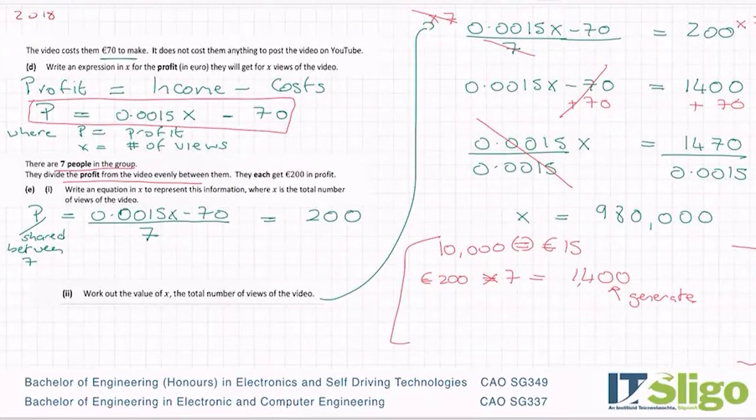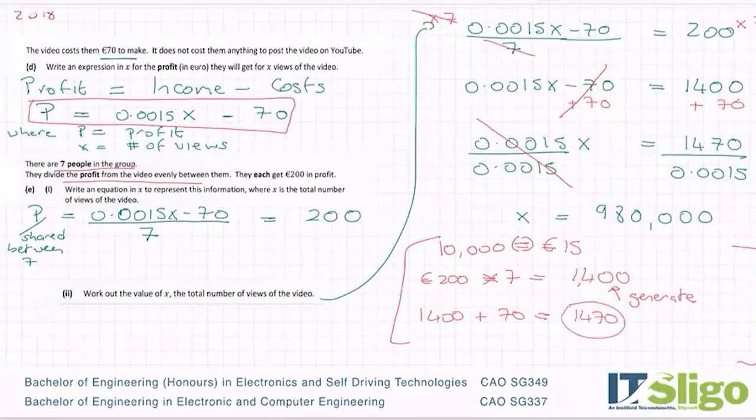What I would do then is take that 1,400 and divide it by 15, so that you can, well, sorry, I would add on the 70 euros first, because you also need to make a profit to cover the cost of the video. Okay, so you have to add on the 70 euros it's going to cost to make that video.